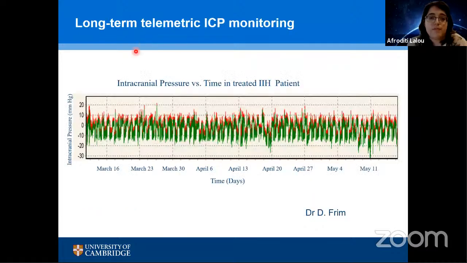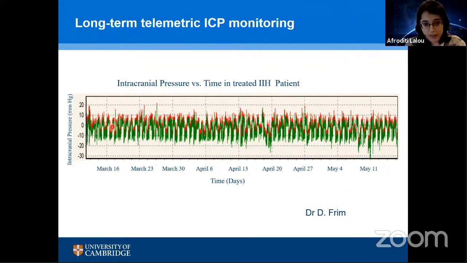In the new era with our latest implantable telemetric ICP readers, we have the ability to monitor these patients again over time, which is very useful with implanted devices. Of course, we know that we haven't perfected telemetric ICP monitoring yet, but especially after treatment, for example, after shunting, this is an example of a patient from Chicago.